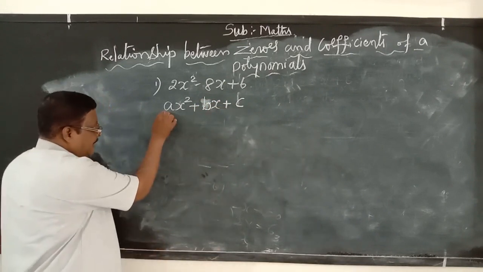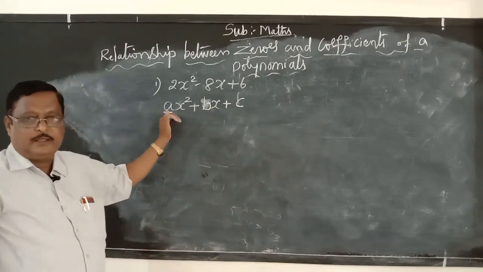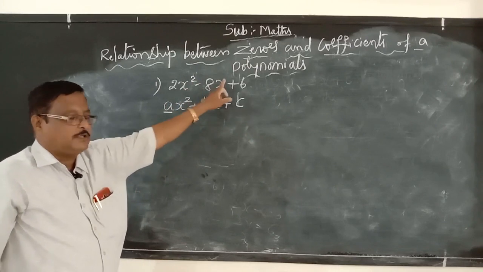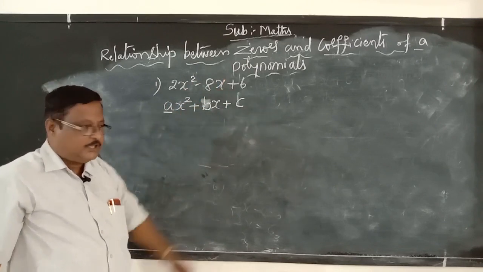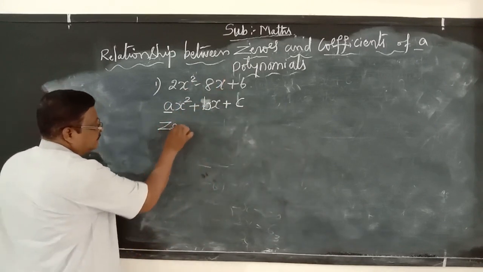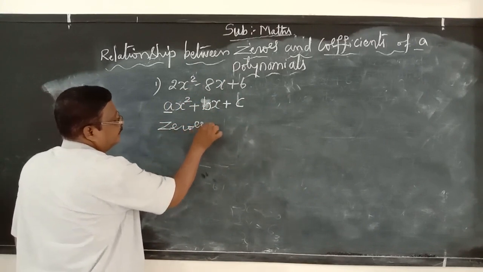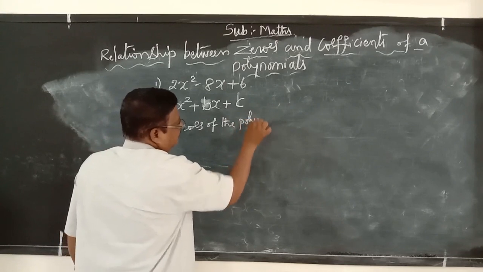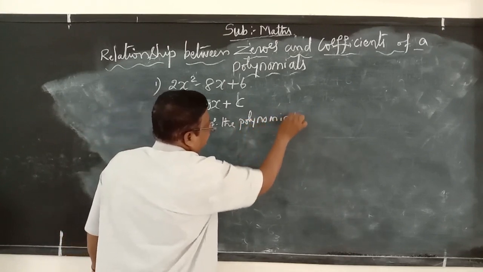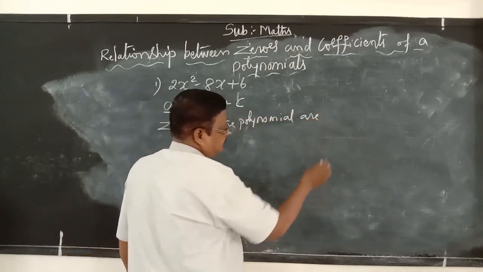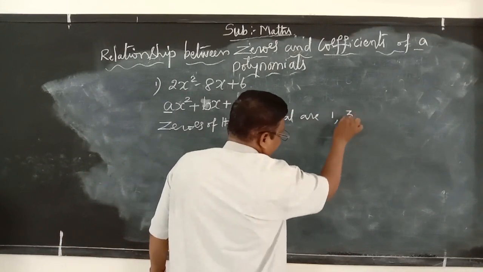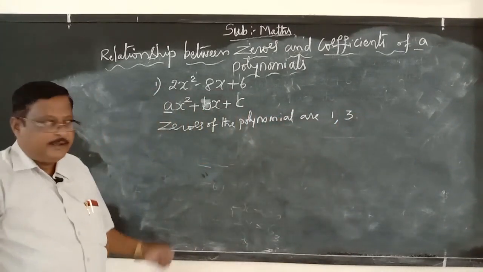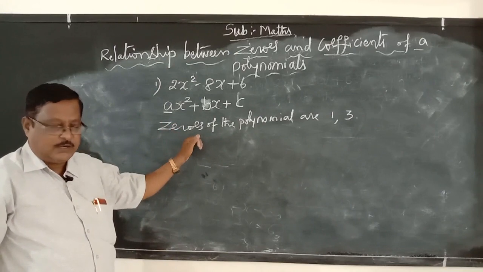Here, what is the value of a, what is the value of b, what is the value of c? The zeros of the polynomial are 1 and 3. Next, zeros of the polynomial are 1 and 3.